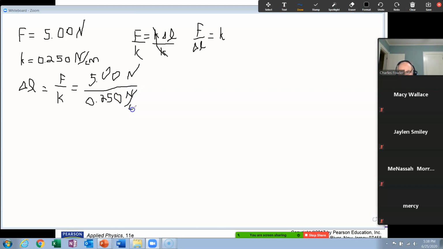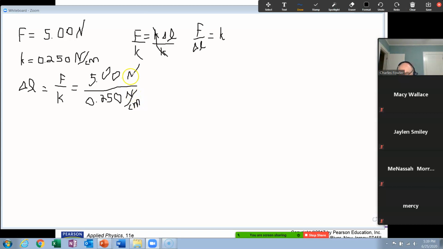Now, at first I was going to say we have a problem, but no, we don't, because they didn't specify what unit delta L is in. You don't have to go back to meters unless the problem says to go back to meters, or unless they give things that are in that.